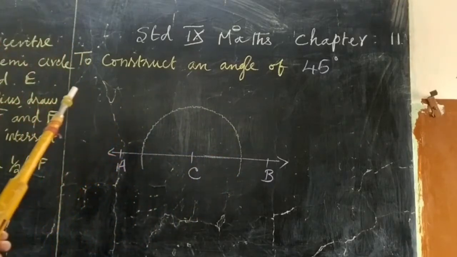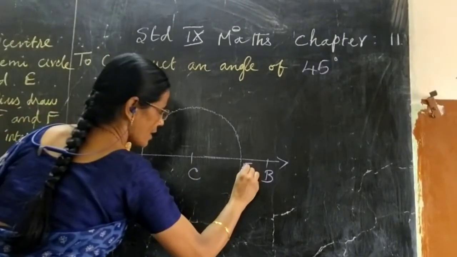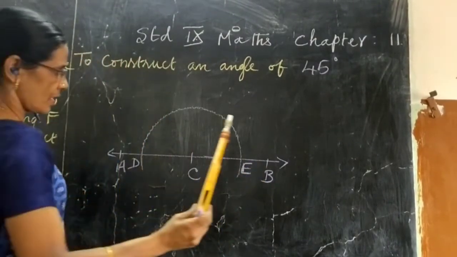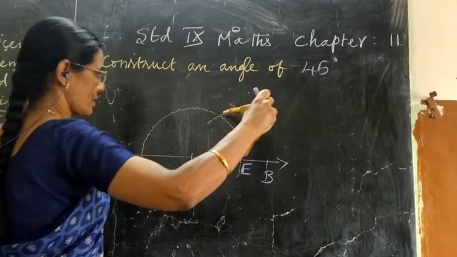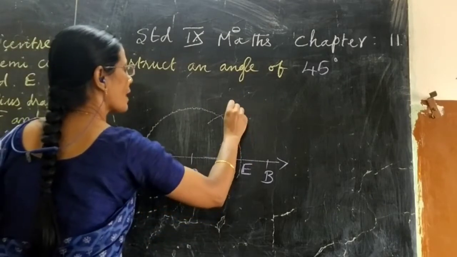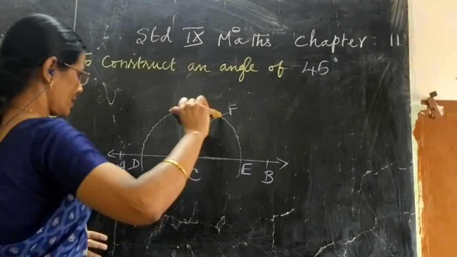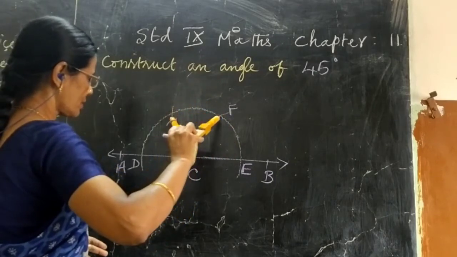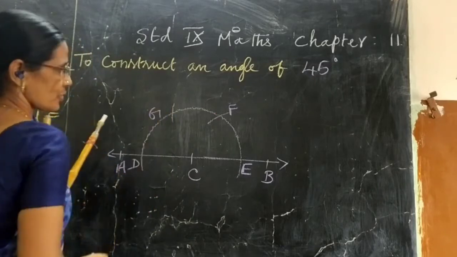This semicircle intersects the line at the points D and E. Now E center with the same radius, an arc is drawn, which intersects at the point F. F center with the same radius, another arc is drawn on the semicircle which intersects at the point G.